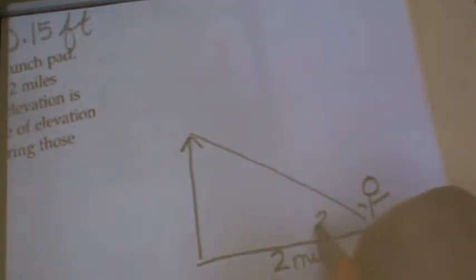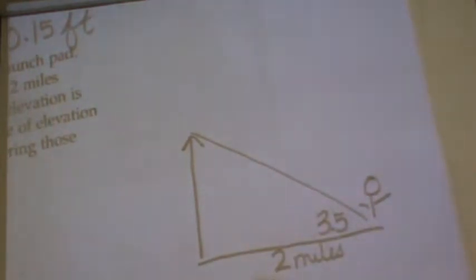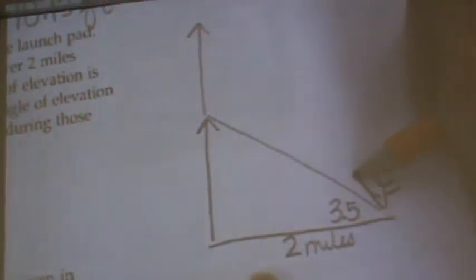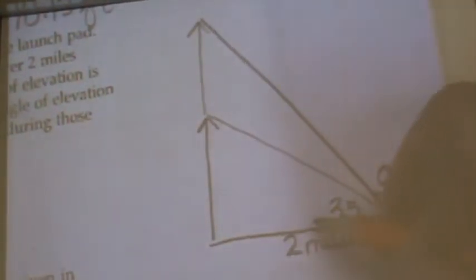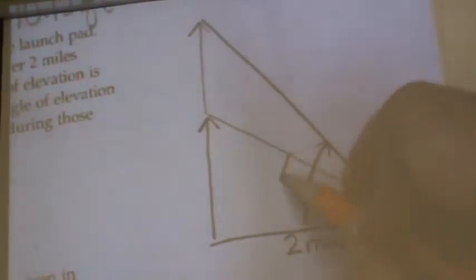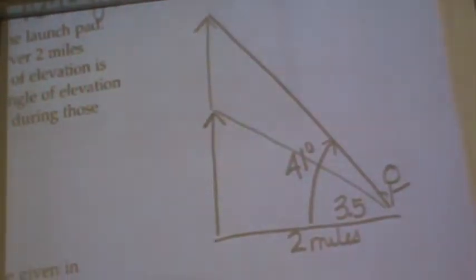So this is what you do. So this is 3.5 degrees. Then 4 seconds after that, the angle of elevation is 41 degrees. So the rocket keeps going up. And the angle of elevation, so from here to here now, is 41 degrees.